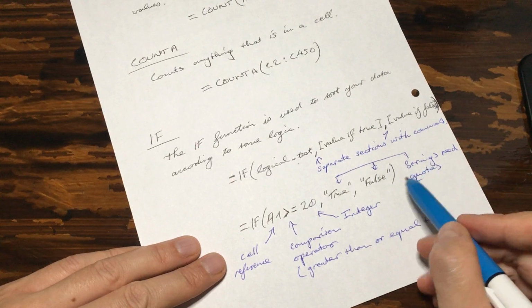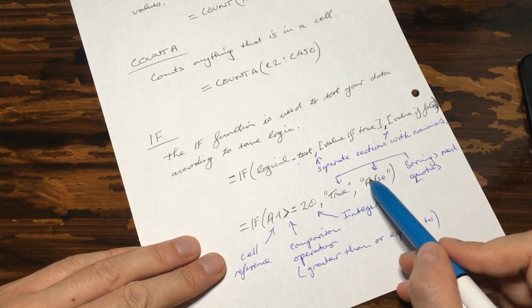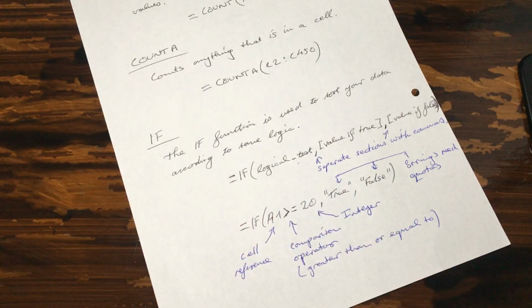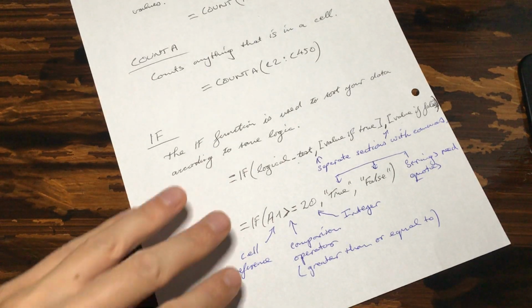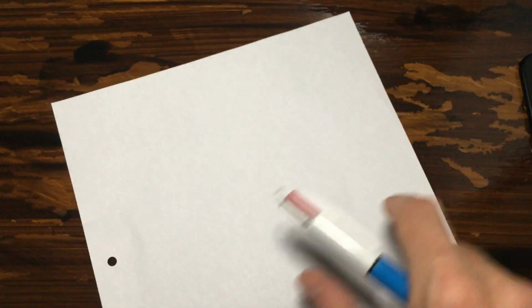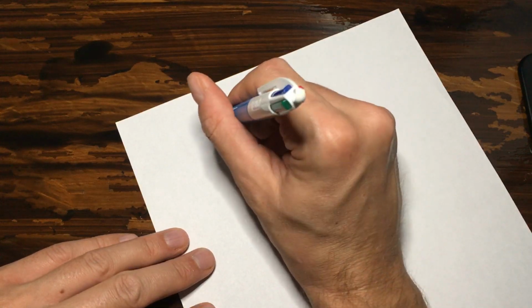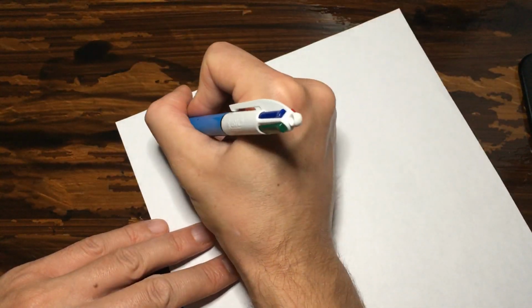Okay, that's really important that you have those if you're wanting to put that in there. Now, we'll have another look at something else related to an IF, so just make sure you take those notes. And the next one on an IF statement would be, let's have a look.